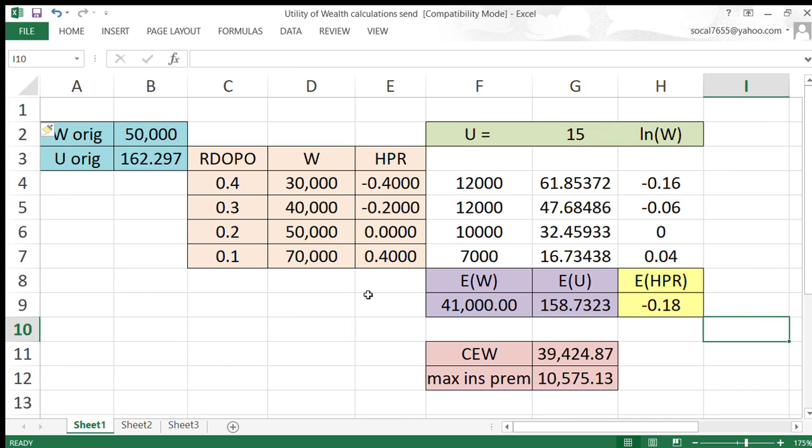So if we have a normal distribution, then realistically, when we're talking about HPRs, we can't have any values to the left of minus 100%, and the normal distribution doesn't allow for that.